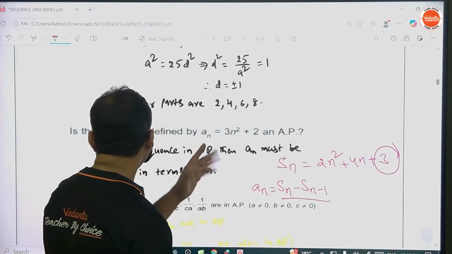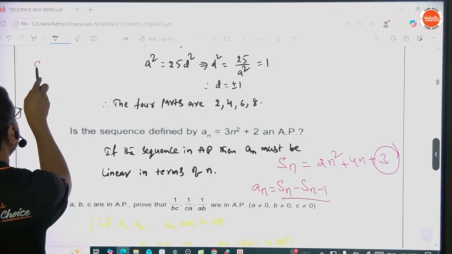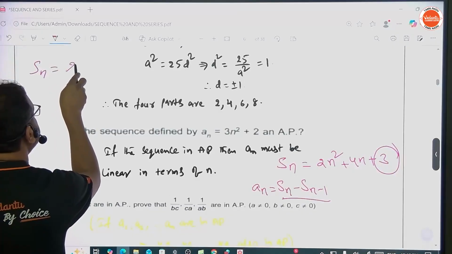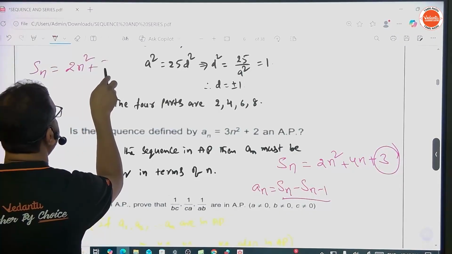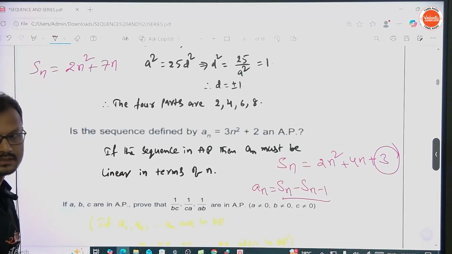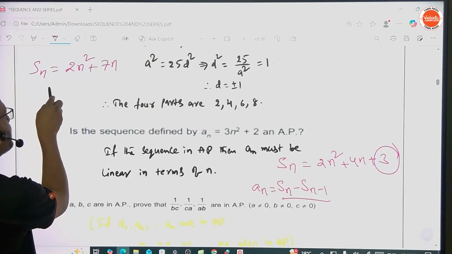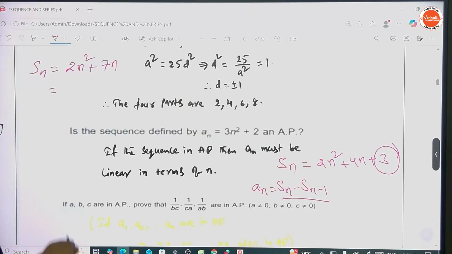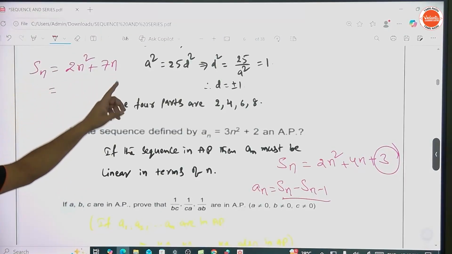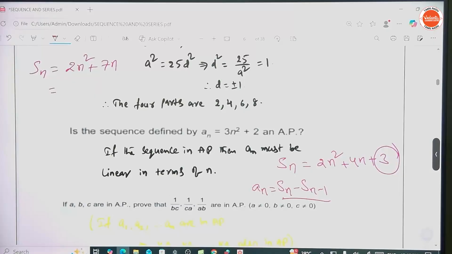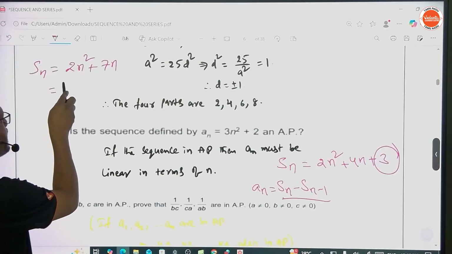For example, if I take Sn equal to 2n square plus 7n. For example, this is Sn. So what is the first term? What can you take as the first term? You have to convert this based on the sum of n terms.